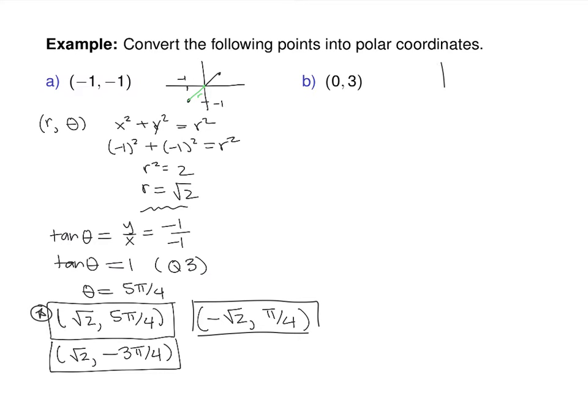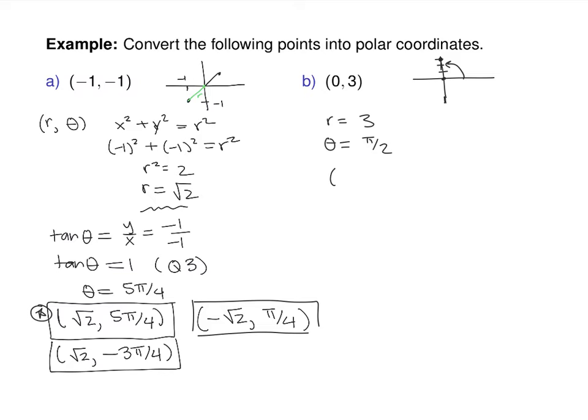So in the Cartesian system, the point 0, 3 is over nothing and up 3. And there it really isn't even necessary to use the Pythagorean theorem to figure out what the r is, because it's pretty obvious that that point is 3 away from the origin. It also is pretty obvious what the angle is. The angle from our polar axis to that point is pi halves.